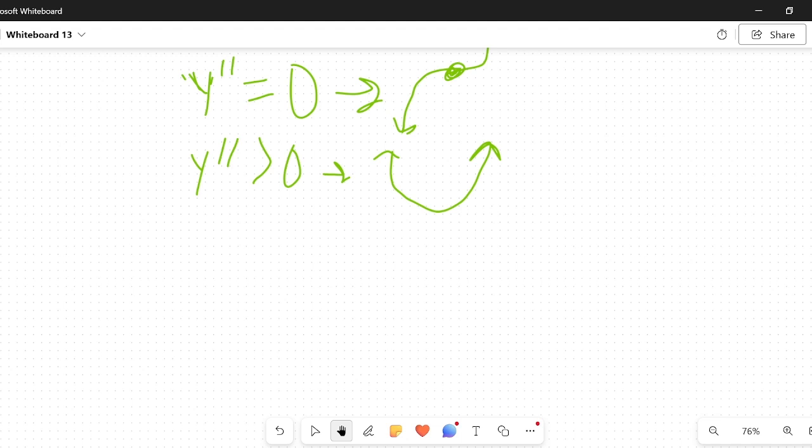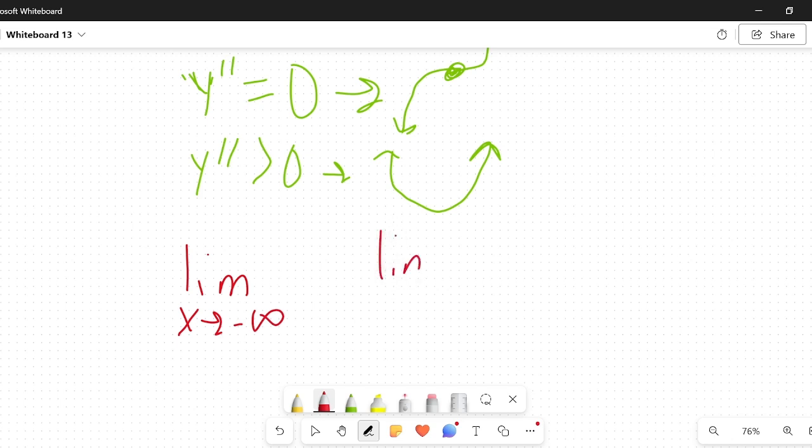So as we approach negative infinity, it'll approach some value, and as we approach infinity, it'll also be approaching some value, right? The limits will look something like this: limit as x approaches negative infinity, and also limit as x approaches infinity, right?